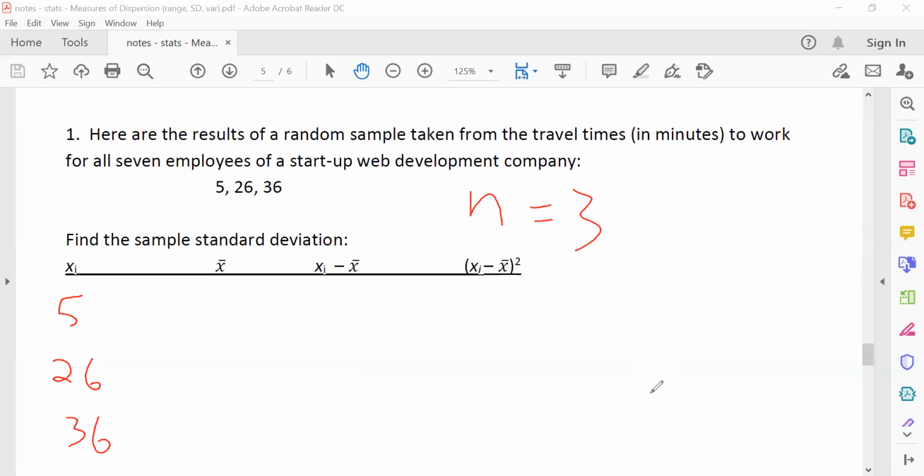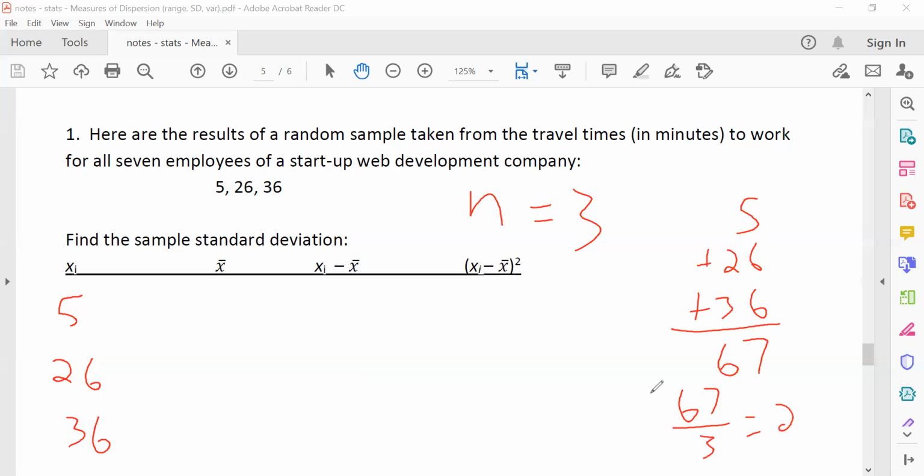Now the first thing we have to do is compute the mean, and I'm just going to do this via the formula. We have to compute the mean of the sample, x bar, so we do 5 plus 26 plus 36. And let's see, 31 plus 36 is 67. Then we need to do 67 divided by 3.